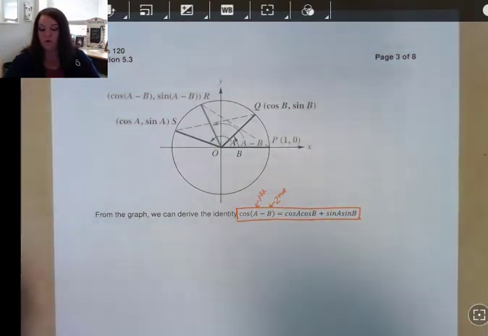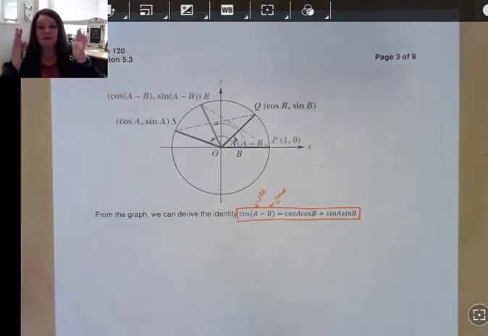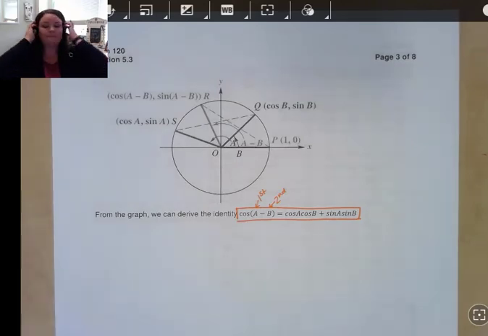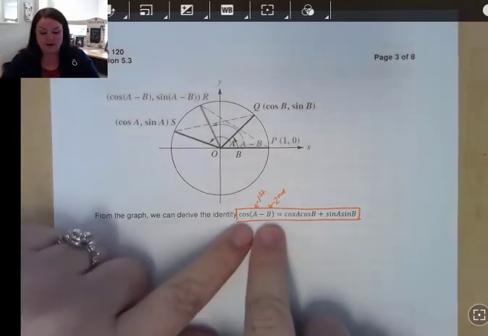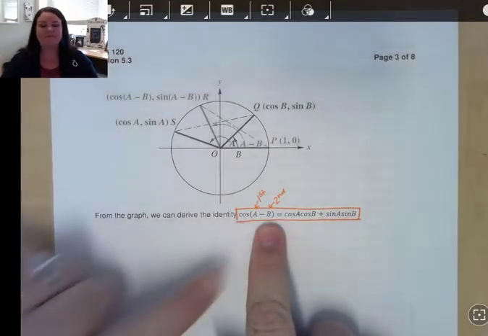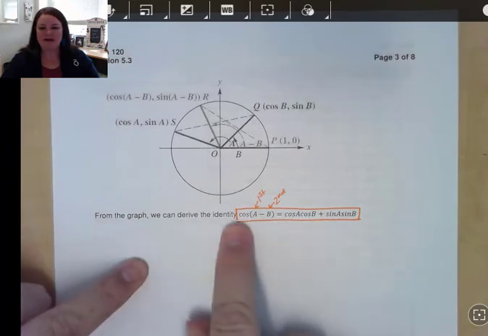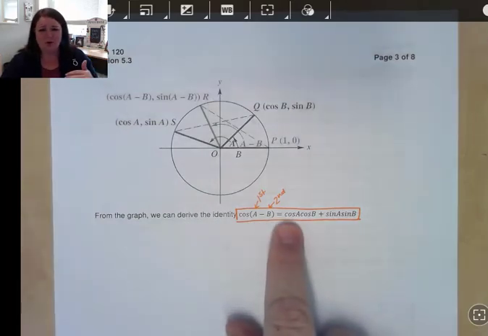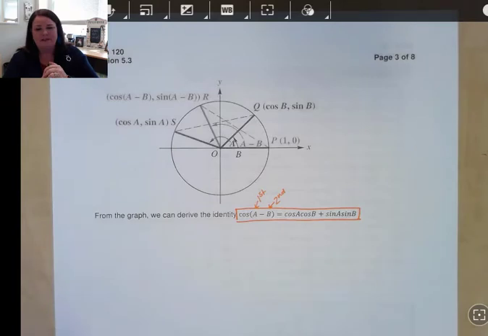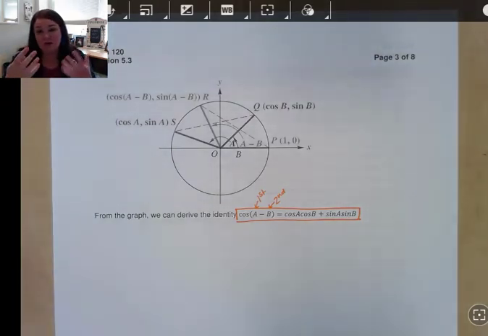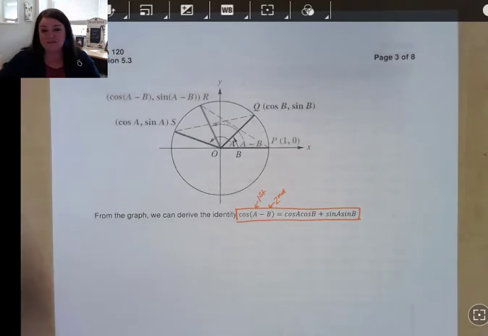A lot of times when I work through these problems, I'll refer to it as the first angle and the second angle, but for our formula, we're just going to use an A and a B. So what we're trying to do is derive this identity. And I'm not going to go through the whole process because really you don't have to understand how it was derived to make use of it.